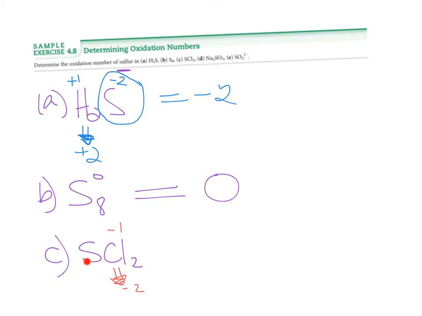And the total charge on this compound has to equal 0 because it's a compound, it's not an ion. So if the total charge on all the chlorines is -2, I usually write my total charge down here and my individual one up here. The total one is -2, then the charge on this sulfur, since there's only one of it, has to be -2.